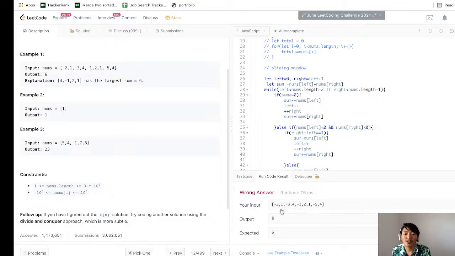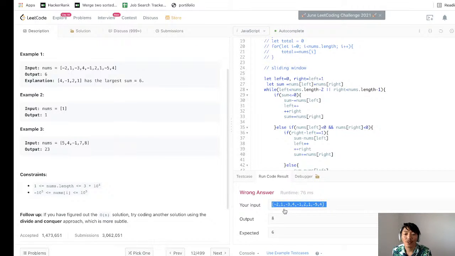And before pointing right, we subtracted the initial left, and then that becomes -1, -2, equals 1. So the sum equals 1, and right points here. And so what we did was sum plus this thing that becomes -2, right?